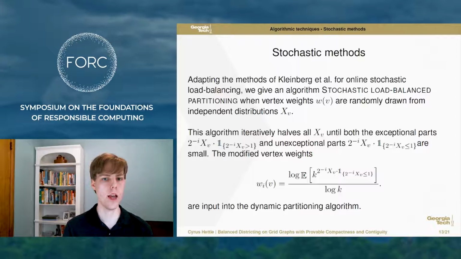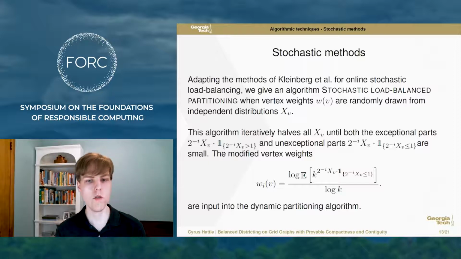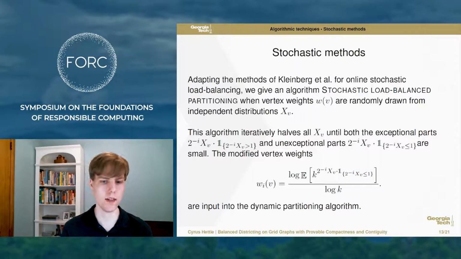And if one of these groups is relatively large in some sense, we halve all of the xv and recompute the exceptional and unexceptional parts and check again. We'll repeat this process until both the exceptional parts and unexceptional parts are relatively small. And after we do this I times, we get some new modified vertex weights.